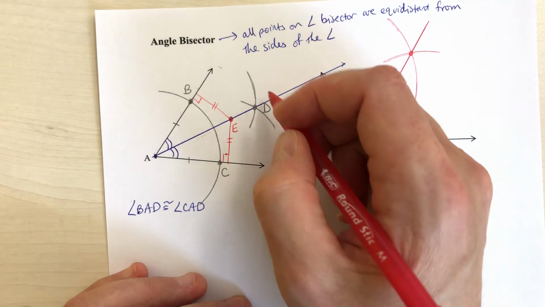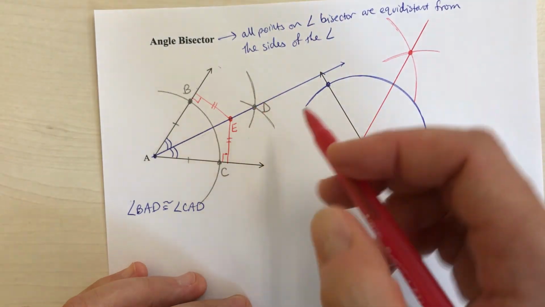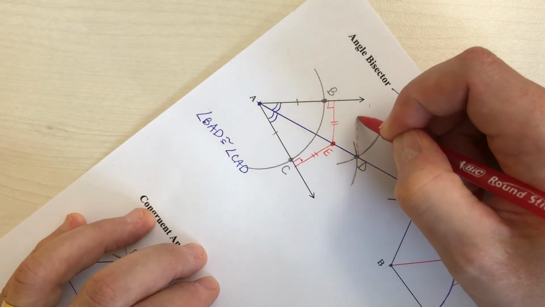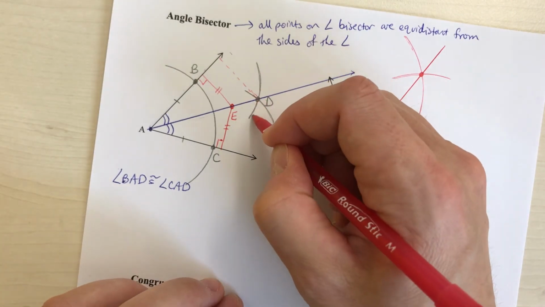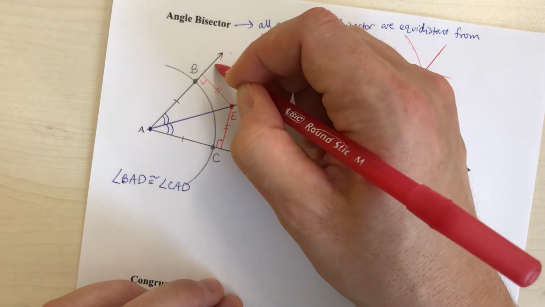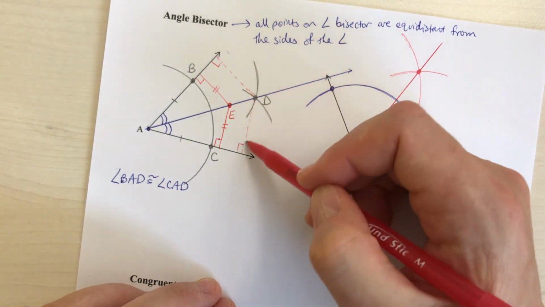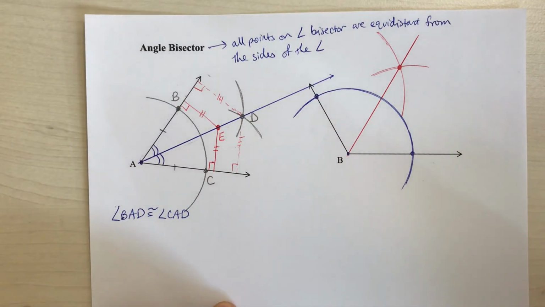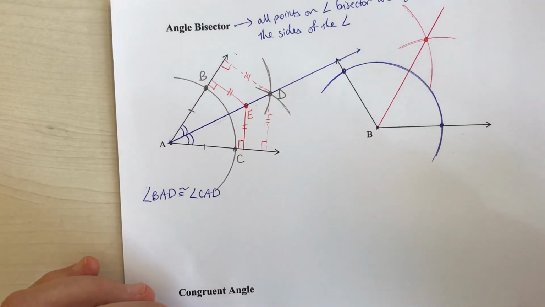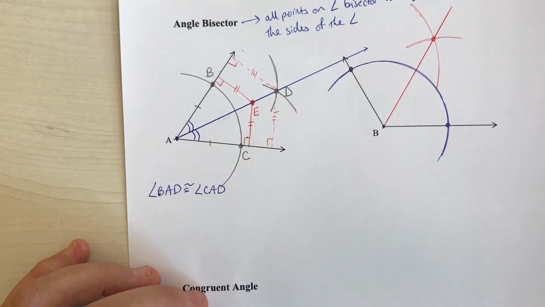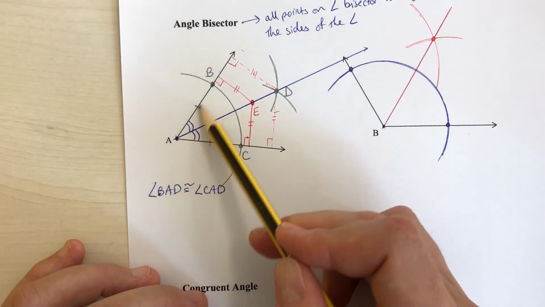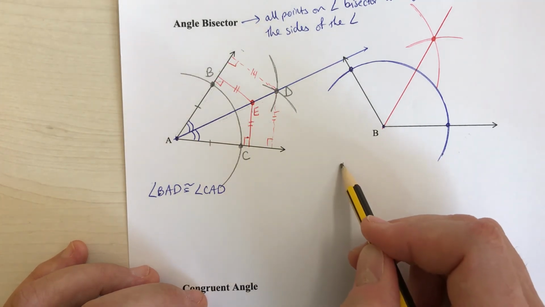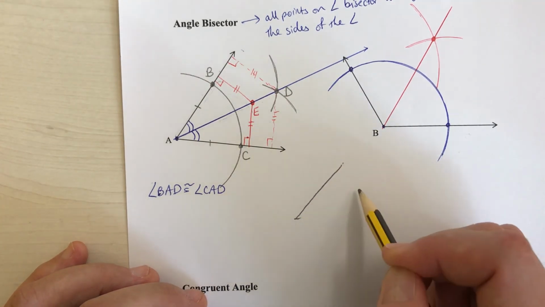If I picked a second point, let's say I pick D actually, and I draw a perpendicular here, and here I'm approximating, these have to be equidistant. Okay, and just to show you why that would be true, again, I can use congruent triangles. If you look at these two triangles here, let me draw them out.